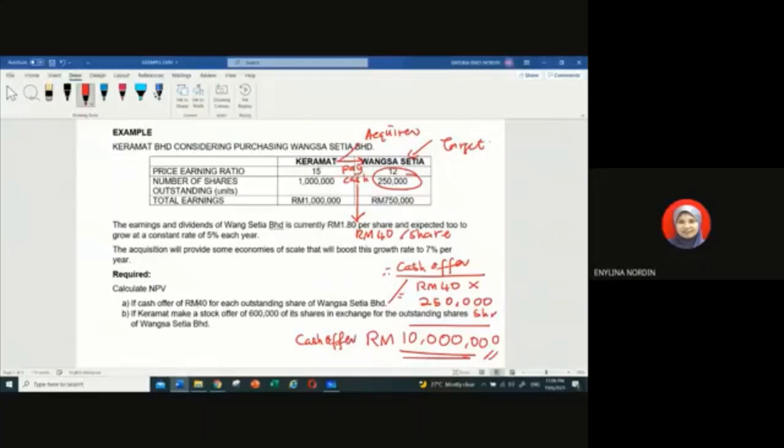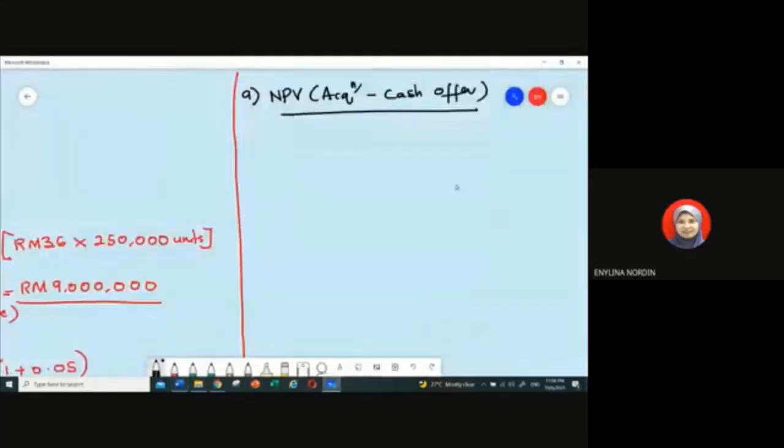So let's go back to our workings here. To calculate the NPV, we are still using the same formula, that is the synergy minus the premium.